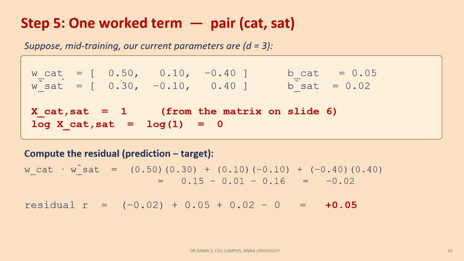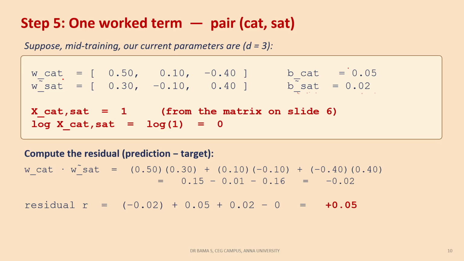Suppose we say w cat, and here we are using the same method, where at the start the embedding vectors are going to be random in nature. Assume that w cat has the vector 0.5, 0.1 and minus 0.4, with the context vector of 0.3, minus 0.1 and 0.4, with b as 0.05 and the bias of sat is 0.02.